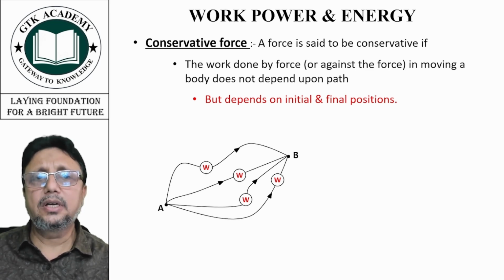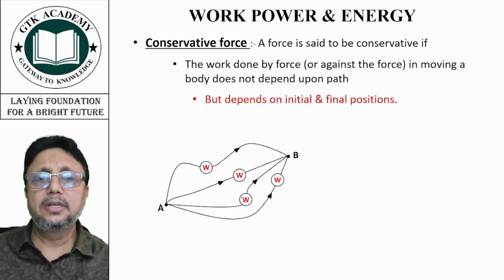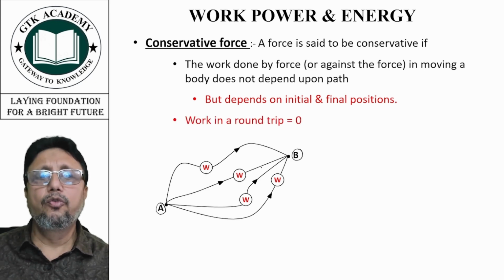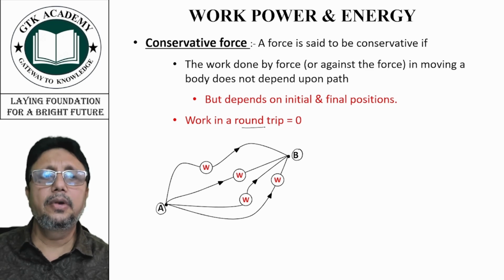So one thing about conservative force is that the work done by the force or against the force in moving a body does not depend upon its path, but it depends upon initial and final position. Again, one more important thing is that work done in a round trip is zero.